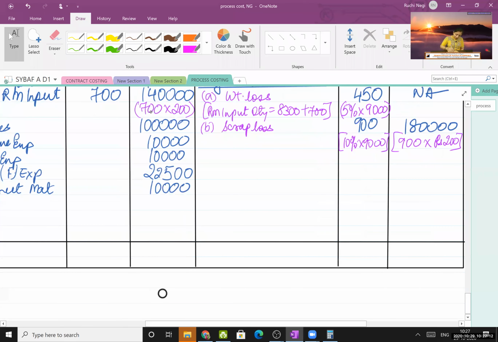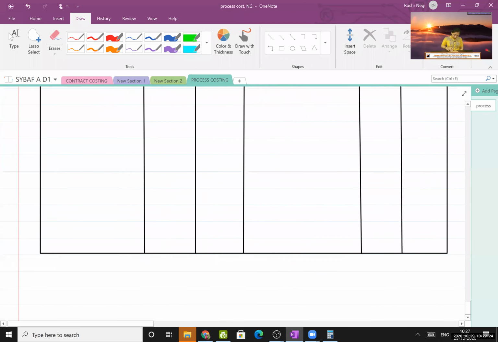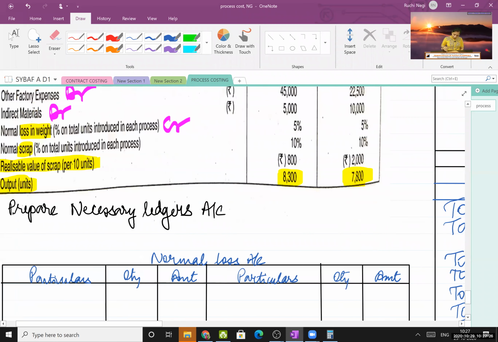So we will write here. मेरा लास्ट है ना. हाँ. Buy finished goods stock account. कितना है आउटपुट 7,800.